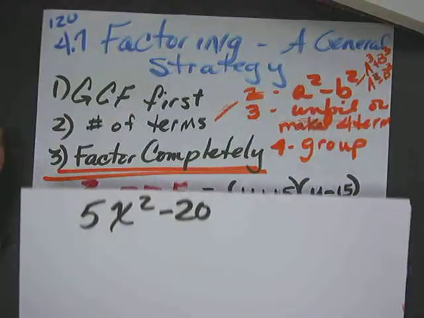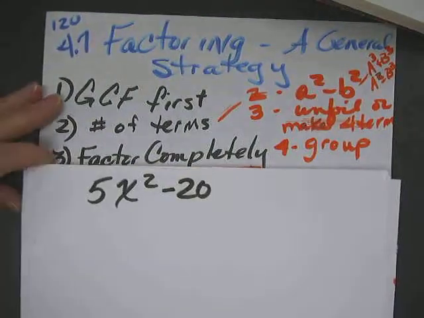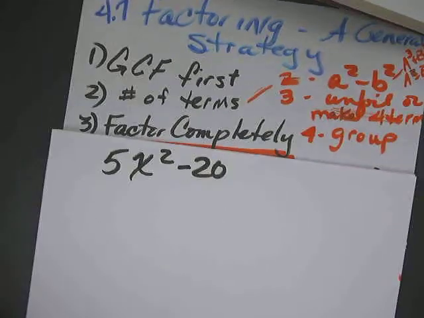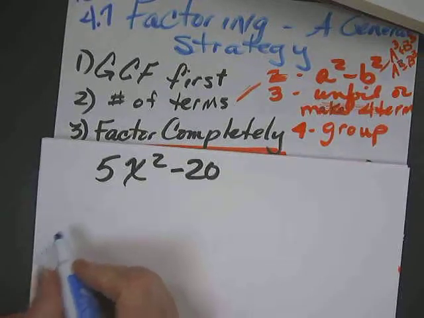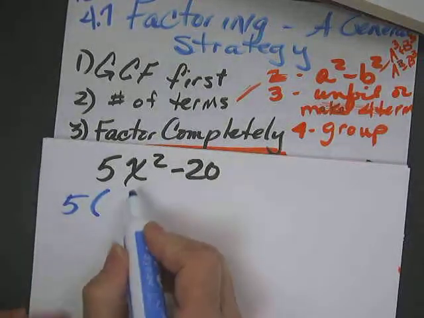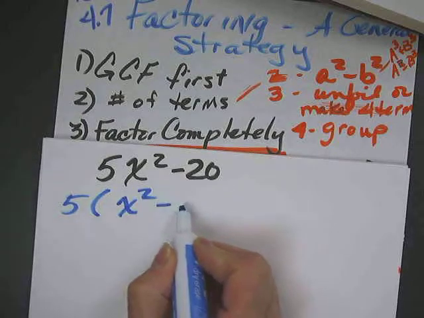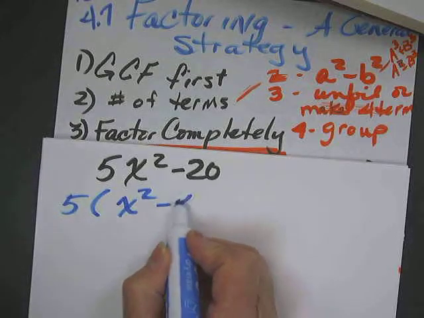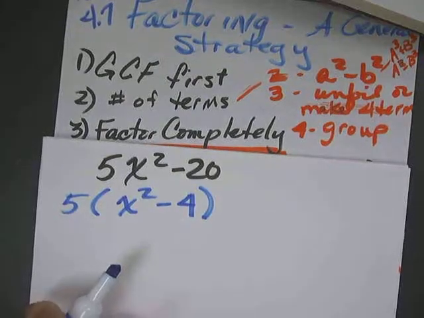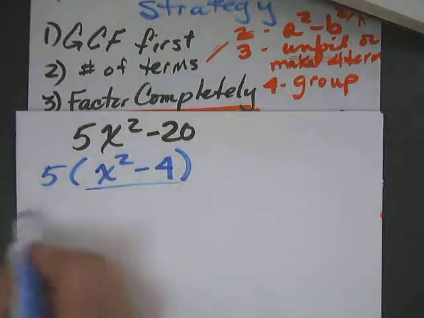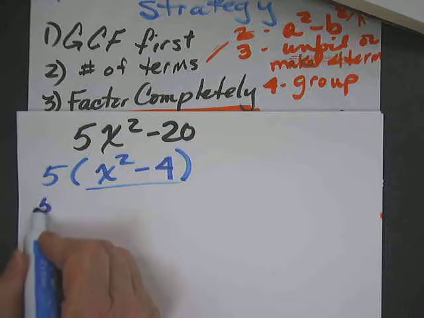Okay, 5x squared minus 20. What's the first thing you look for? Greatest common factor, is there one? What is it? 5. Okay, so x squared minus what?